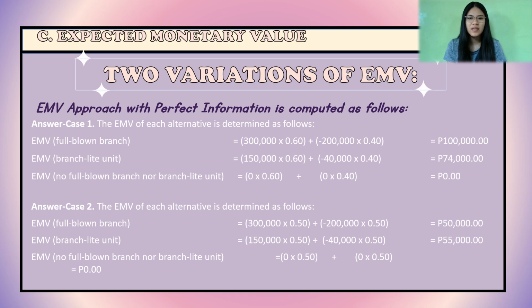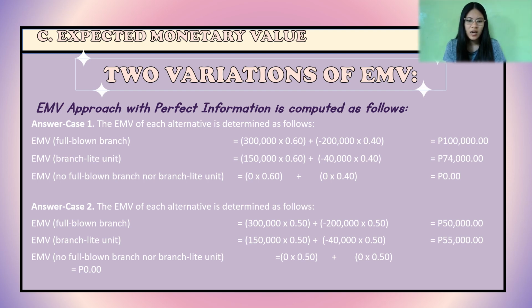The expected monetary value of each alternative is determined as follows. Expected monetary value, full-blown branch, is equal to favorable market condition na 300,000 times 50% plus unfavorable market condition na negative 200,000 pesos times 50%, which is equal to 50,000 pesos.